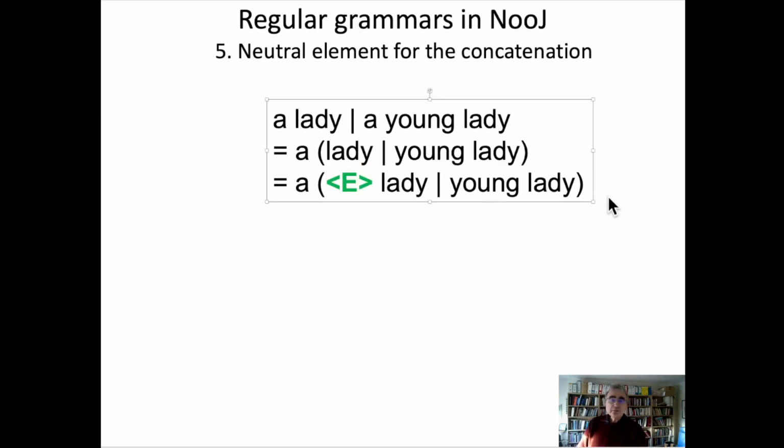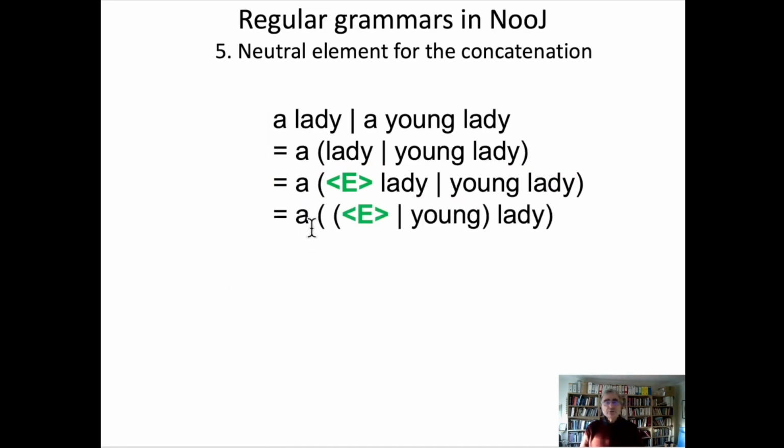I can do that because lady is equal to epsilon lady. Epsilon followed by lady is the same as lady. But now I can factorize because I can see that lady is here and here. So I write inside this parenthesis, epsilon lady | young lady, which is the same as (epsilon | young) followed by lady.